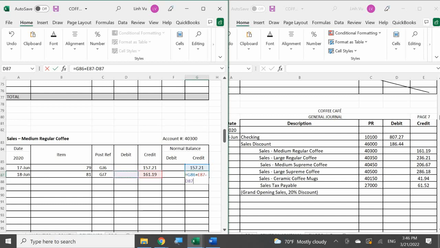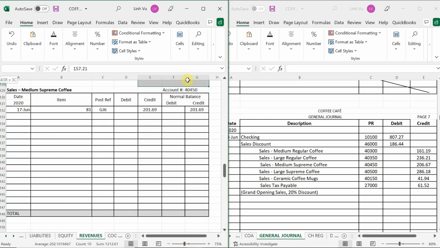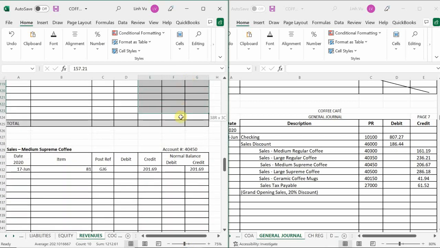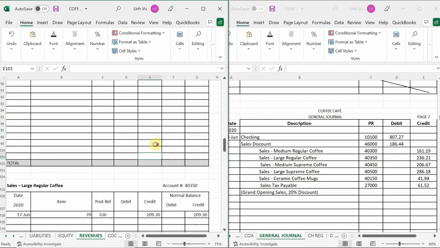Okay? So what is my ending balance in my medium regular coffee? $318.40. Whoops, no, that's too much.